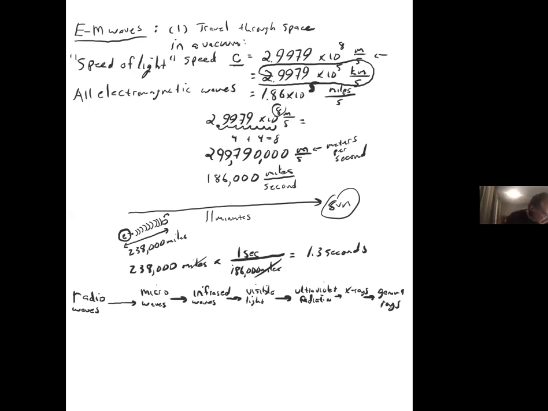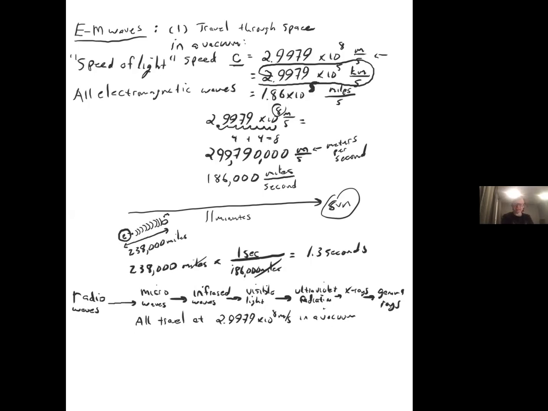And what I'm going to claim is that they all travel at whatever number you want to write it as, 2.9979 times 10 to the 8th meters per second in a vacuum. They travel a tiny, tiny fraction slower through air, but it's pretty much the same number. It's not that different.